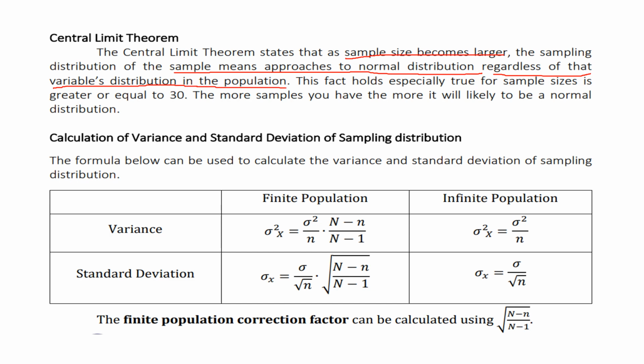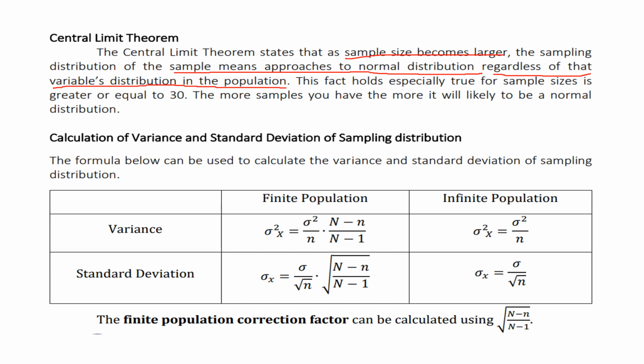So, what we need to take note about your central limit theorem is that even if your n or your sample size becomes larger and larger, still your sampling distribution of the sample means approaches the normal distribution, regardless of that variable's distribution in the population.